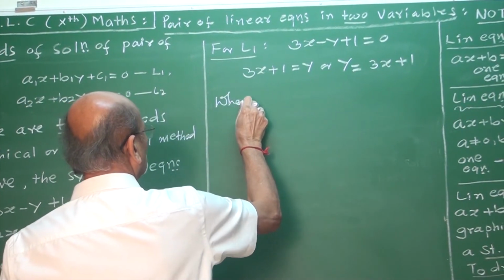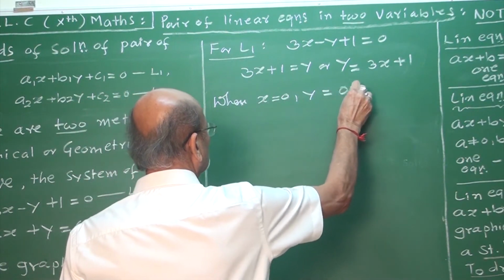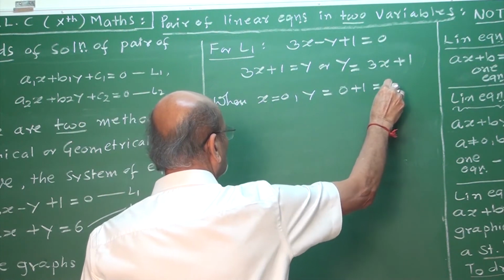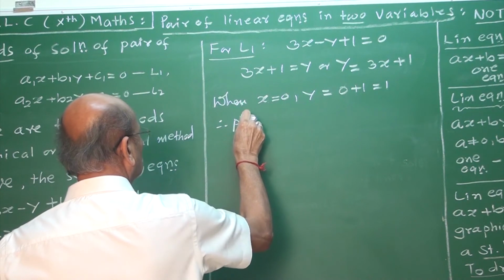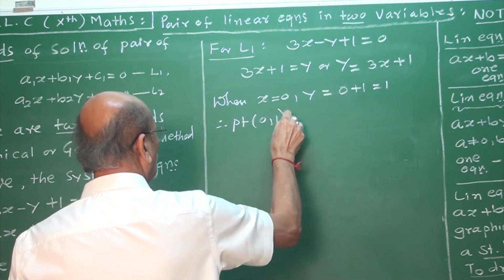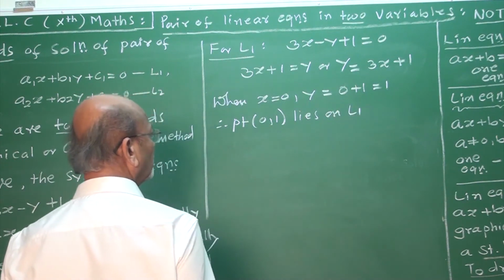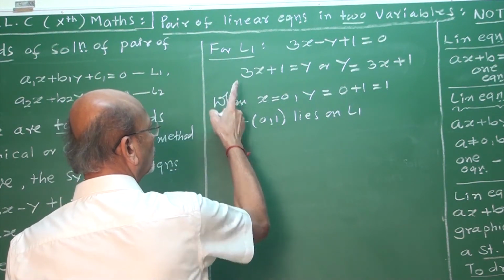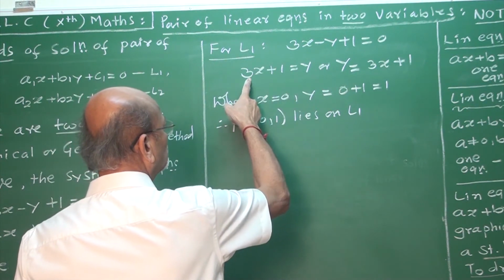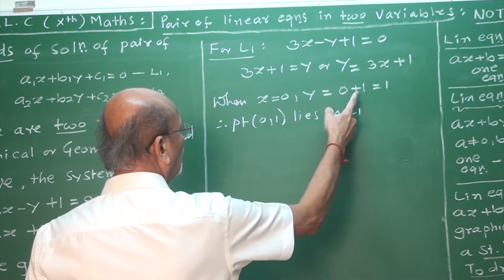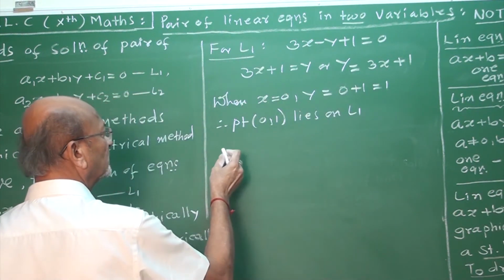When x is 0, what about y? 0 plus 1 means 1. Therefore, the point (0, 1) lies on L1. By putting x equal to 0, y equal to 1, you get 1 equal to 1.